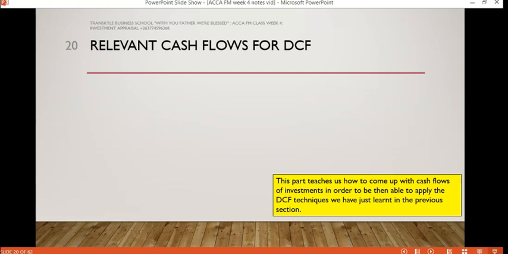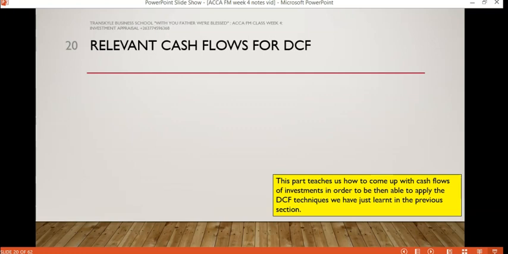We are going to build on that previous knowledge as we now try to understand how to identify cash flows which should be considered whenever we want to appraise an investment. Remember, for you to do an NPV computation or an IRR computation, you need to know which cash flows are relevant. All right, so this is the purpose of this part of the video.